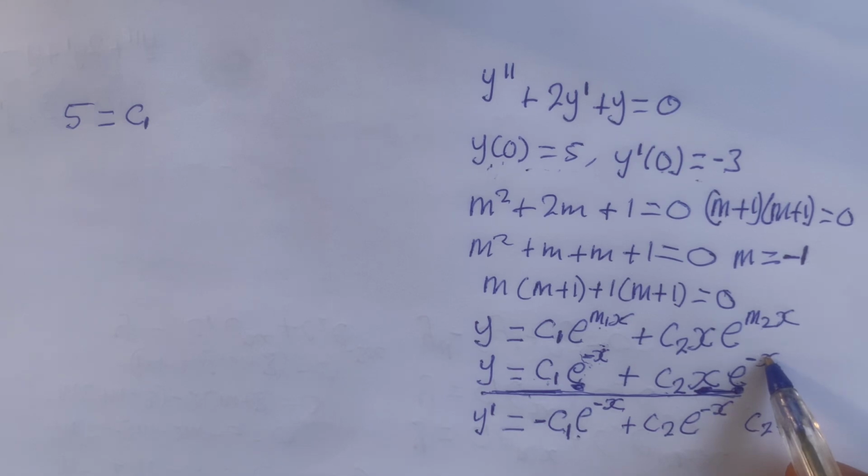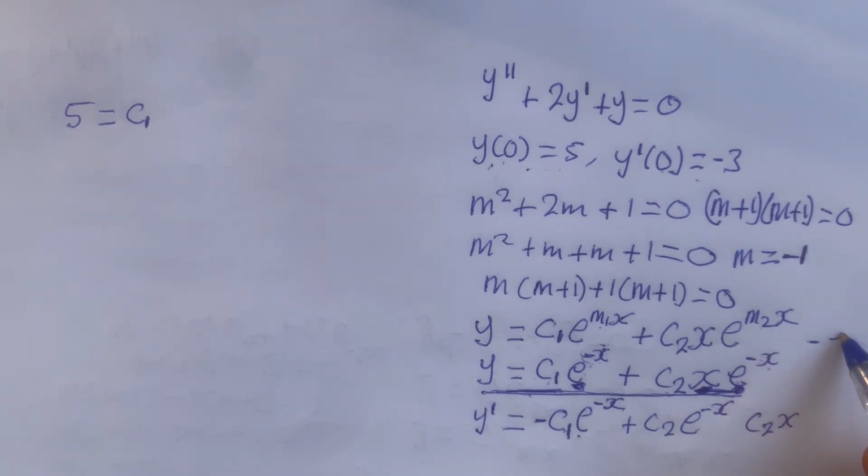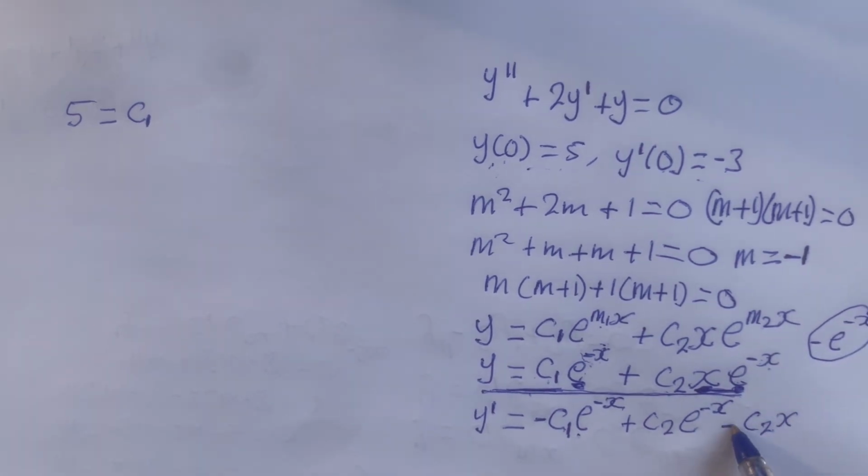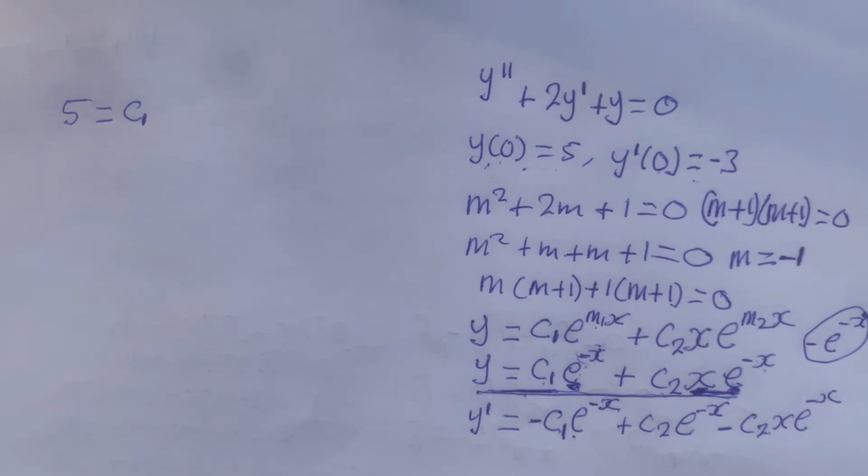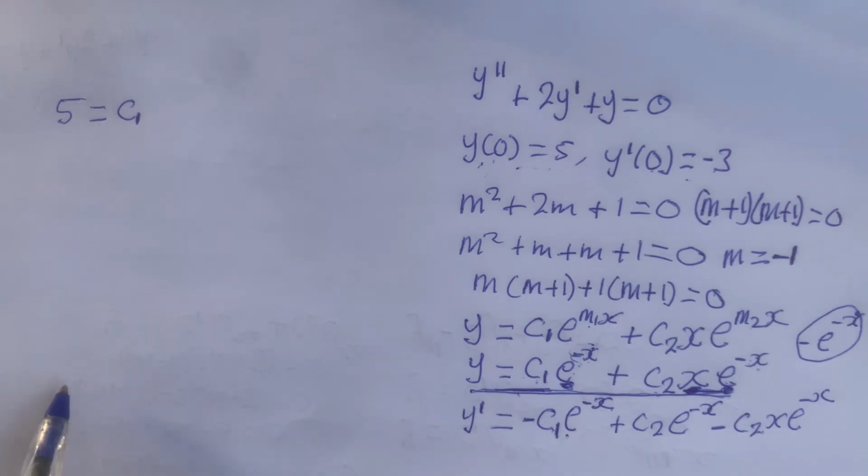We've done this already. We are going to have negative e power negative x. So we get negative c2 x e power negative x in a very simple way. That's good.